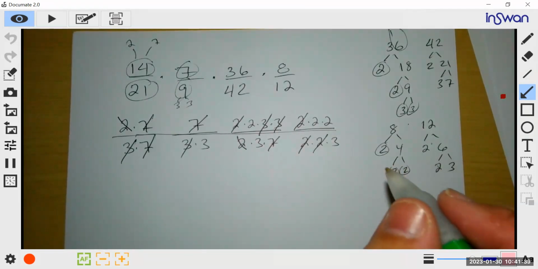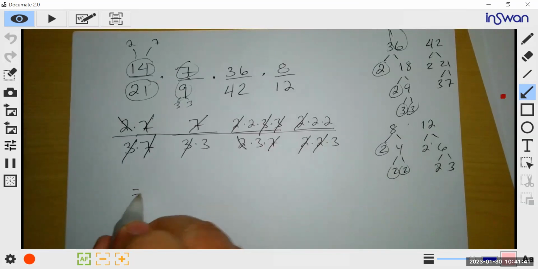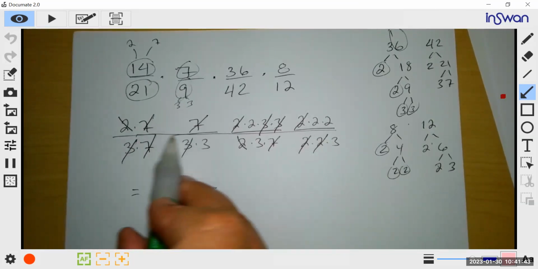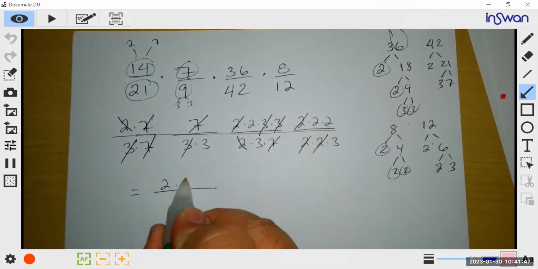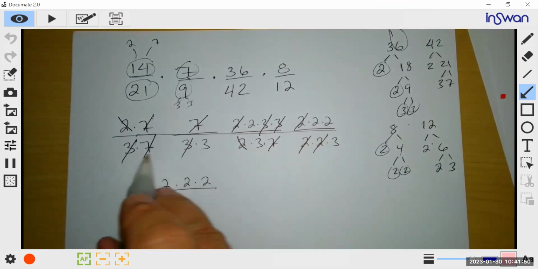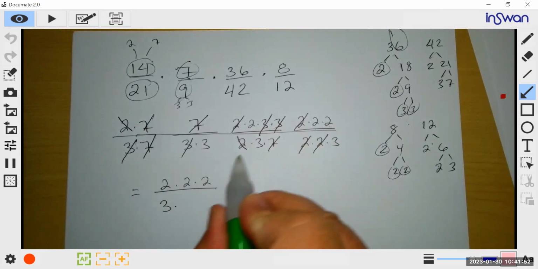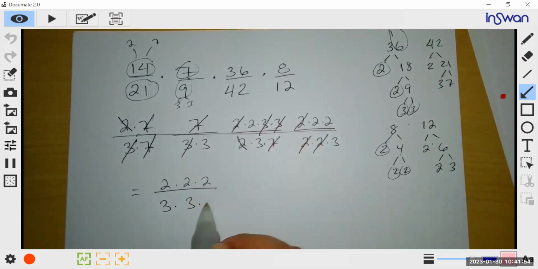Let's see what we have left on top. 2 times 2 times 2. 3 times 3 times 3.